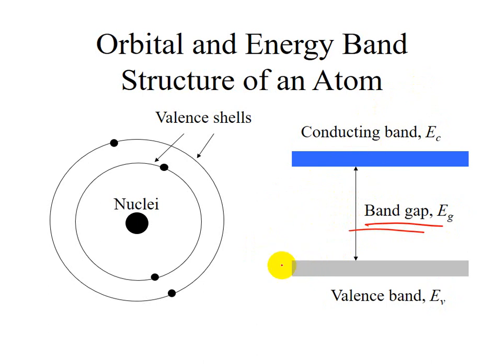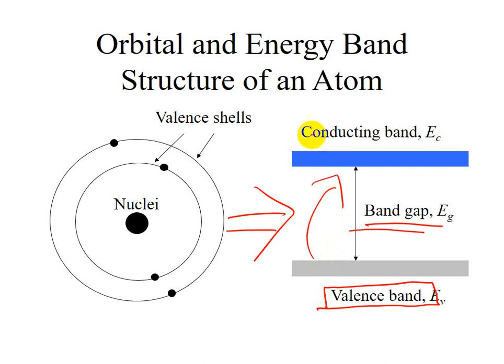And this is basically the atomic structure and energy band structure of a solid. So remember that the outermost electron orbital, occupied by electrons, is called the valence band. The one with a higher energy level above the valence band is called the conduction band. In between is called the energy gap, EG.